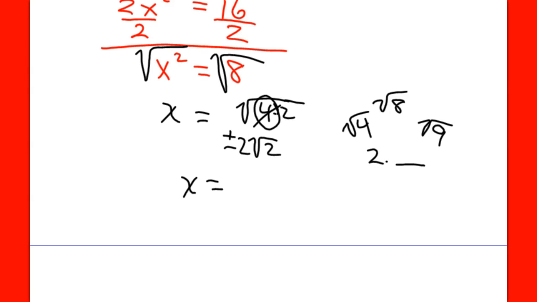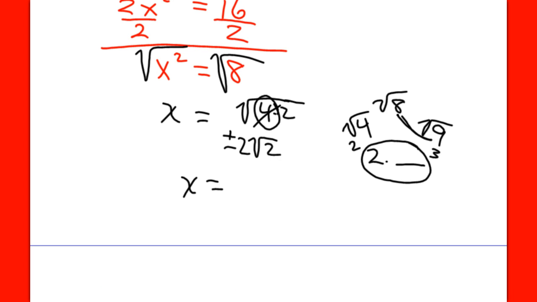Because the square root of 4 is 2, and the square root of 9 is 3, the square root of 8 is between 2 and 3. 2 point something. And will it be closer to this? Will this whole value be closer to 3 or closer to 2? Well, 8 is closer to 9, so it's going to be a value that could round probably to 3, right? So something greater than 2.5.